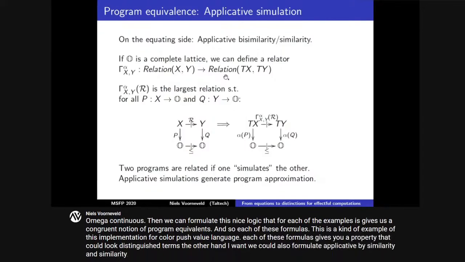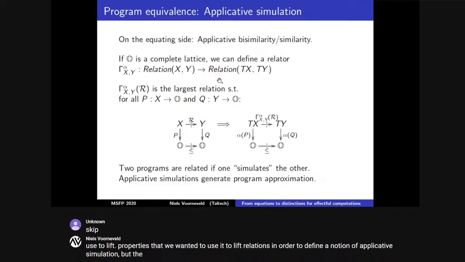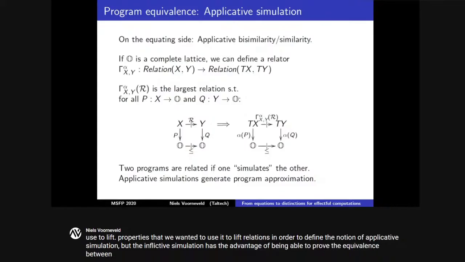In this sense, we don't want to use the algebra to lift properties, but to lift relations in order to define a notion of applicative simulation, where applicative simulation has the advantage of being able to prove the equivalence between two terms. And that can be done by specifying a relator in the sense of Ugo Dal Lago, Francesco Gavazzo, and Paul Levy.